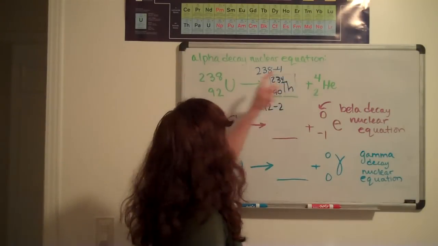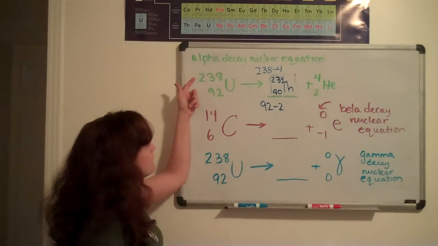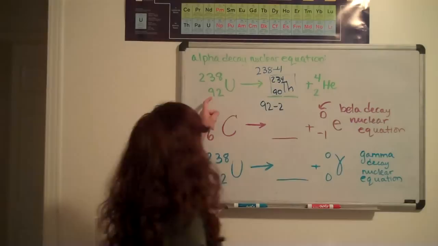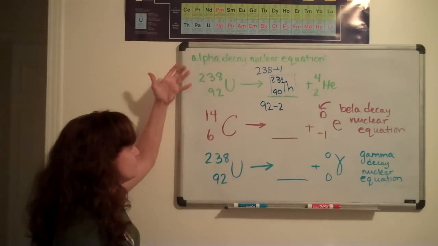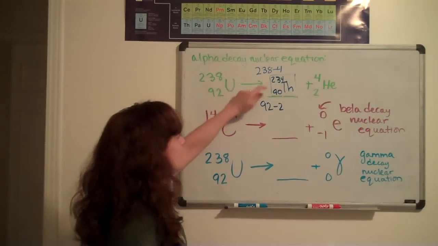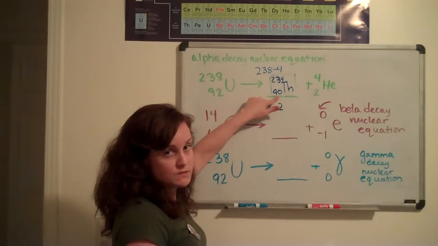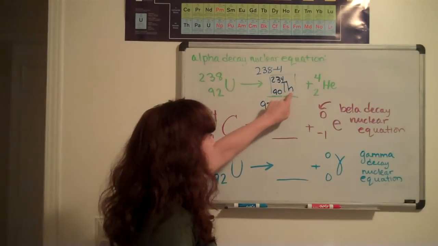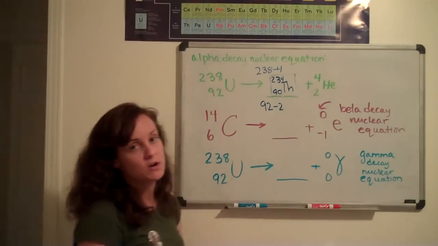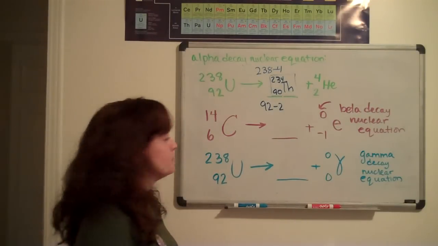So 234 plus 4 is 238. 90 plus 2 is 92. That's how I figured out what the numbers were. And then I used the bottom number, which was 90, in order to determine what the symbol was by looking on the periodic table for the atomic number.